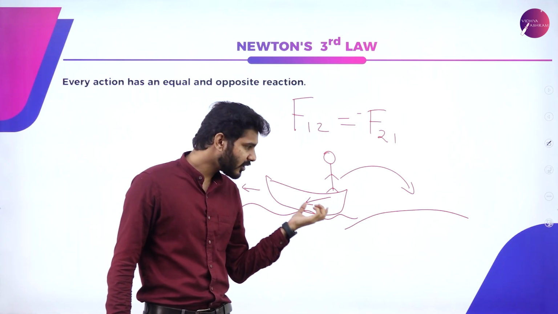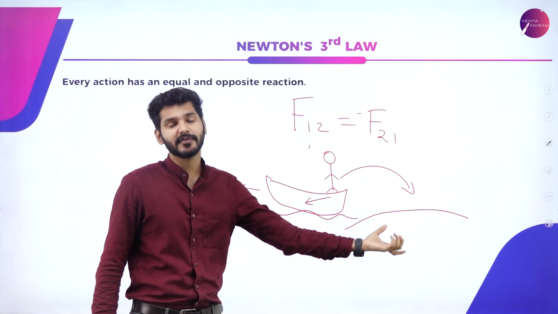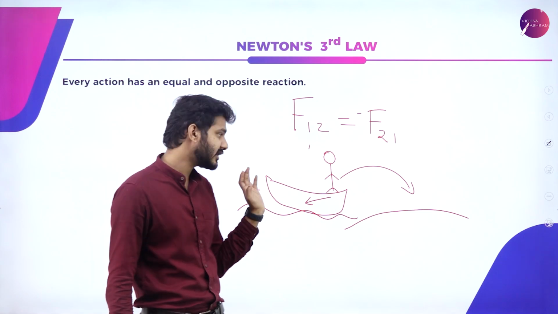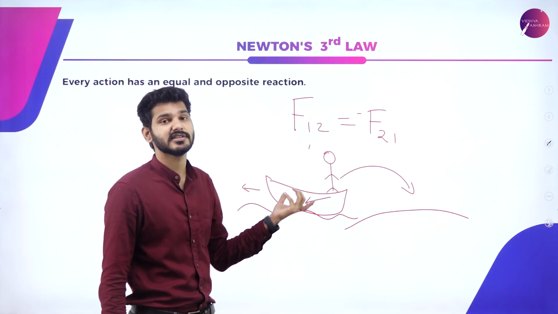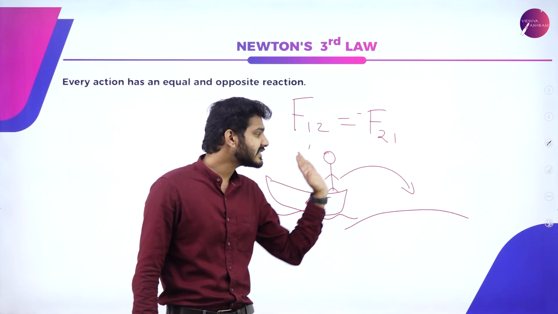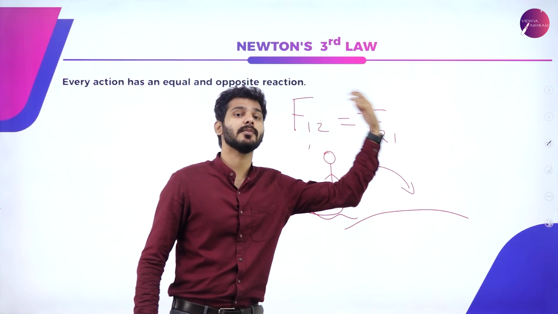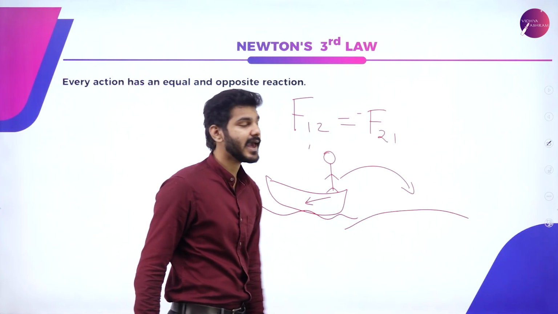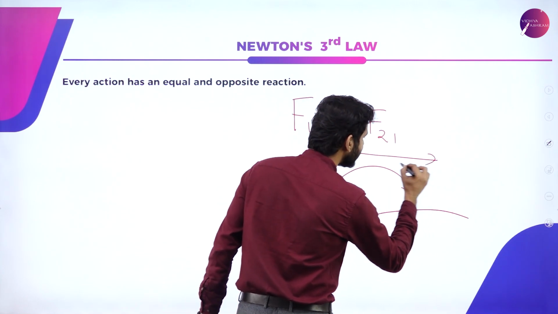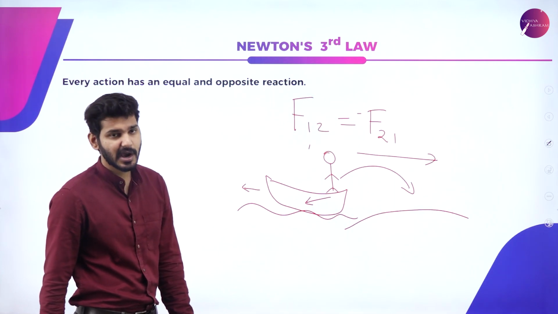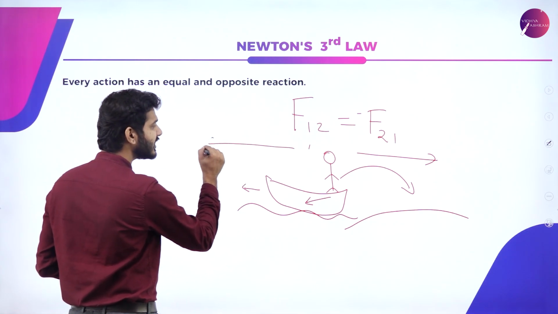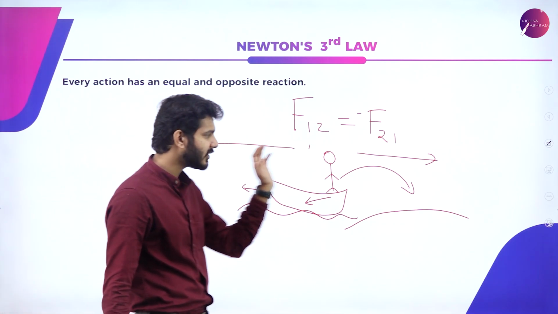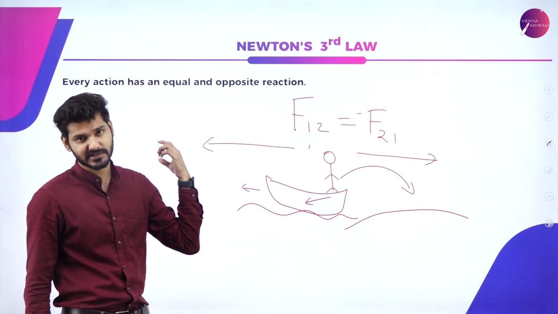If we take the example of a person jumping from a boat to the ground, the result of this motion is that the person moves in the forward direction, jumping onto the land, but the boat is actually moving in the opposite direction. The person is jumping forward, the boat is moving backwards.